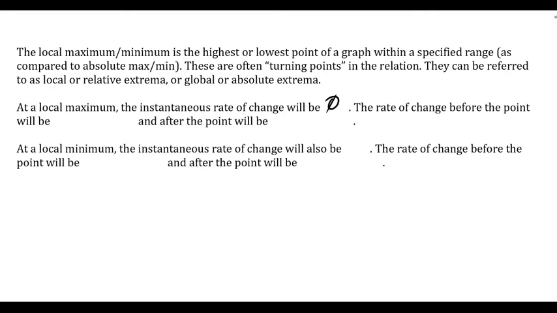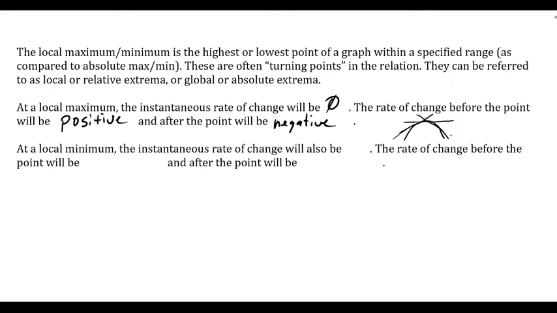The rate of change before the point at a local maximum will be positive, and after the point will be negative. So 0, before it will be positive, and after will be negative.